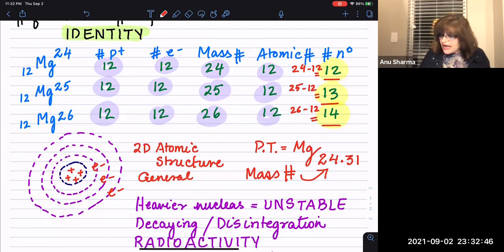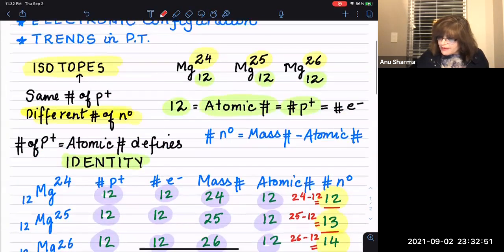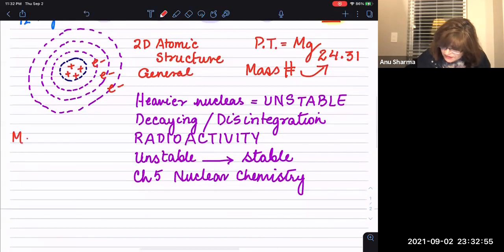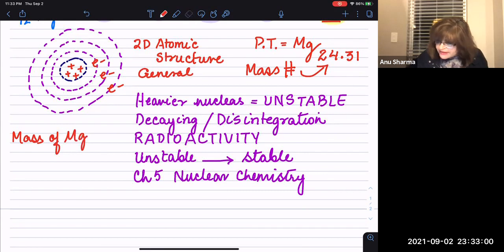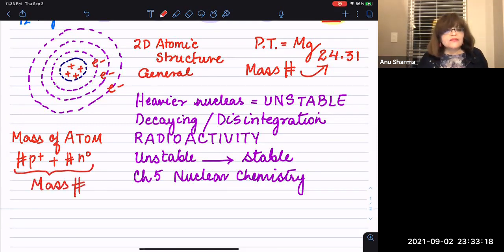The mass of magnesium, or generally the mass of any atom, is the number of protons plus the number of neutrons. That gives you the mass number, so it should be a very simple, straightforward, exact number, right?